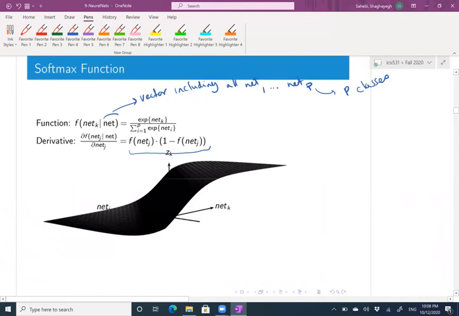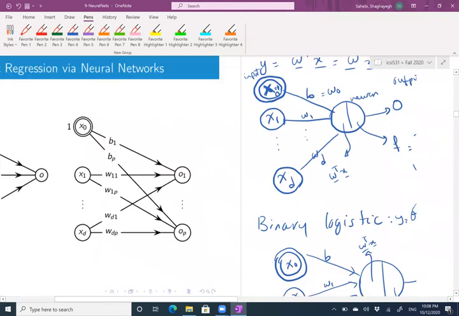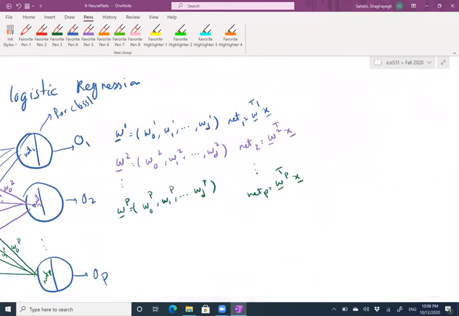So for our class 1, our output 1 is going to be softmax over net 1, which is net 1 over sum of I equals 1 to P net I.